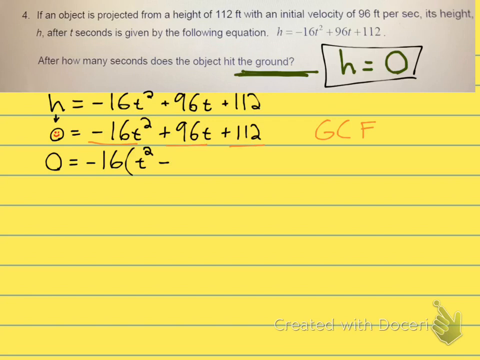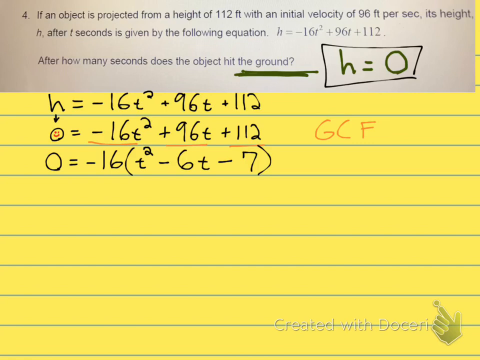If I'm dividing out a negative, this will change. Minus 96 divided by 16, 6. Minus 112 divided by 16, 7. Okay, step 1 of factoring is GCF.